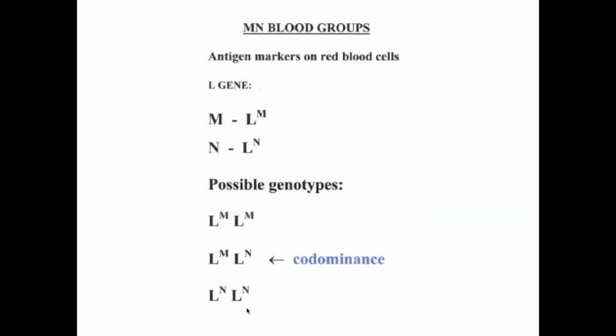So again, if you're homozygous for either M or N, what does that mean in terms of your blood type? Well, you're either phenotypically M blood type or you're phenotypically N. What about the heterozygote?